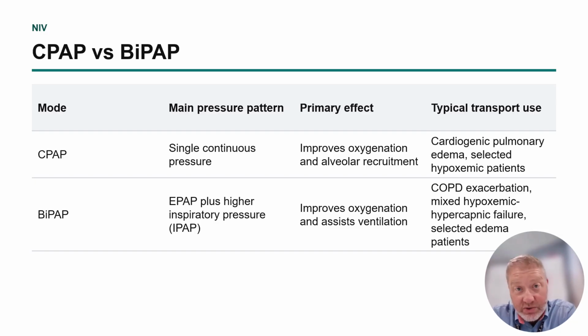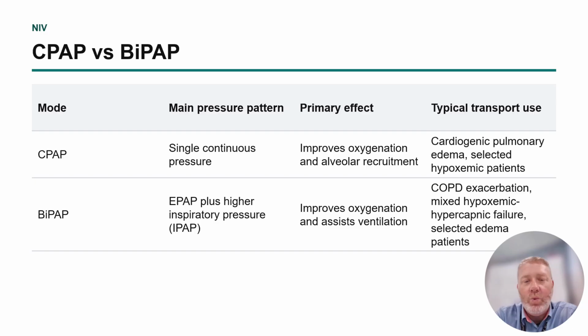Because of the two pressures, the difference between the two, IPAP minus EPAP, is your pressure support, and pressure support is what we use to change the ventilation of a patient. As far as blood gases go, pH and PaCO2 are the key determinants of ventilation.